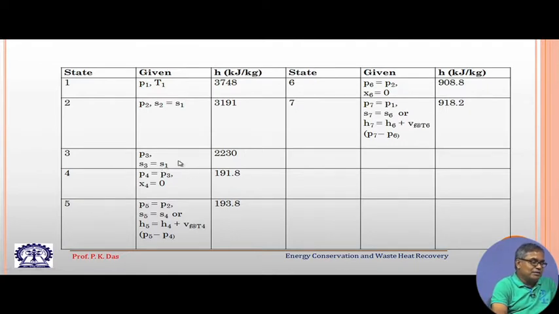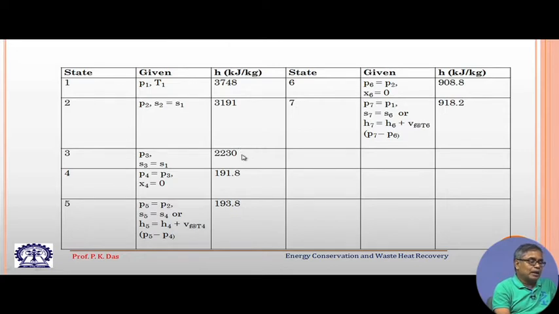State point 3 is the entry to the condenser. At the entry to the condenser, we know the pressure, the condenser pressure. So, P3 is known, and again S3 is equal to S1, because we are following a reversible adiabatic expansion process. So, we know the enthalpy.